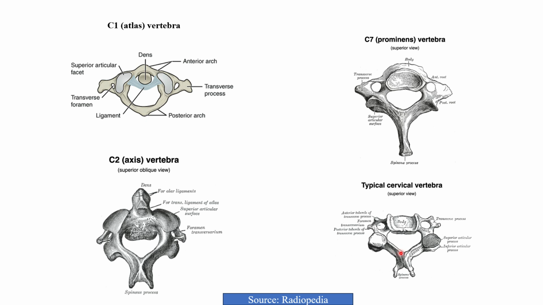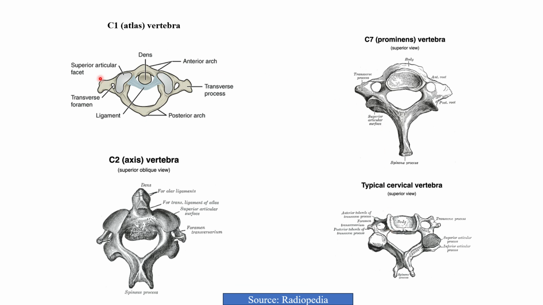It has a large intervertebral foramen, which accommodates the spinal cord, and a bifid spinous process. It also has the uncinate process, also called the uncus, which is the slight elevation that you can see on the sides. That is about the typical cervical vertebrae.